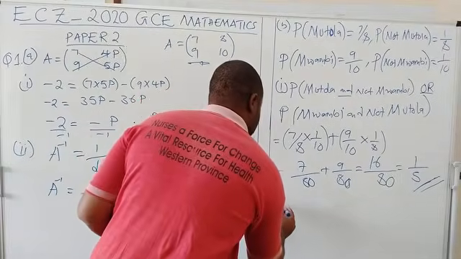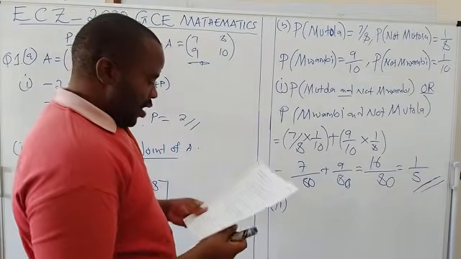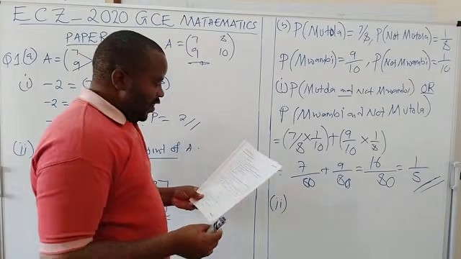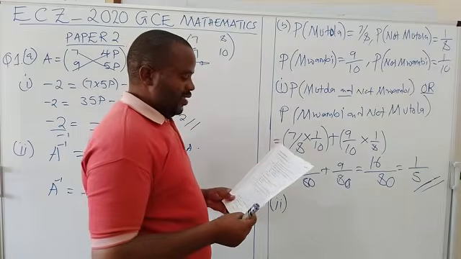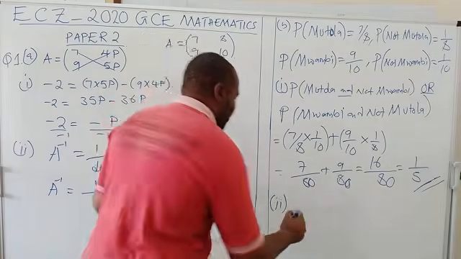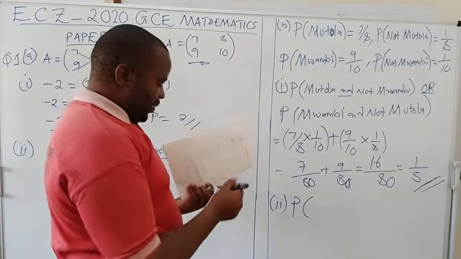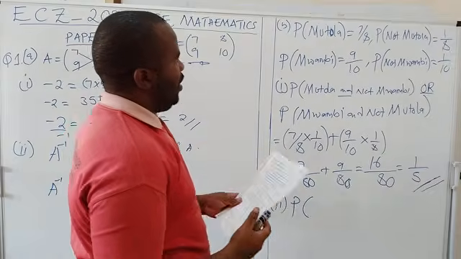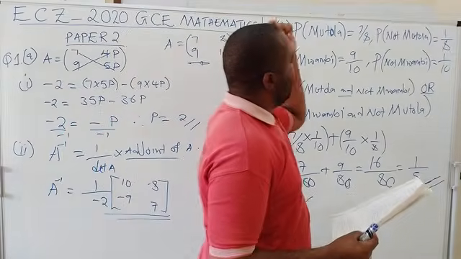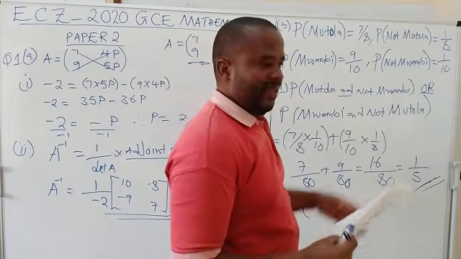So Roman numeral 2. Find the probability that none of them is selected. Okay? Probability that none of them is selected. What are we saying? It is the probability that we don't select Mutola and we don't select Mwambi. Alright?